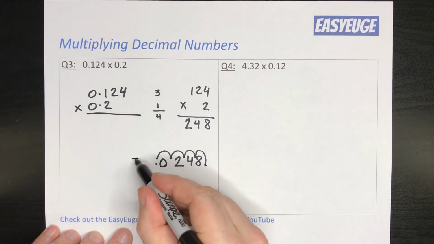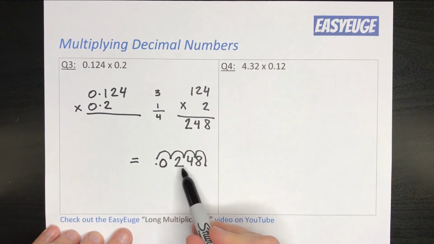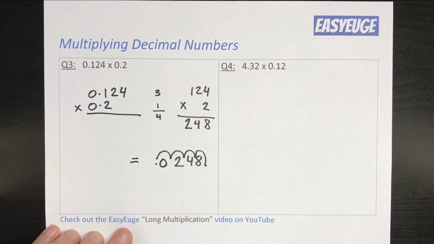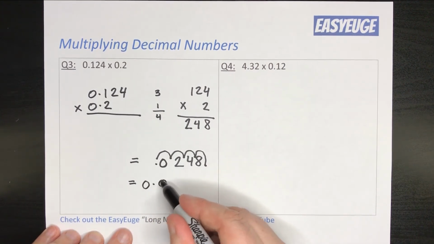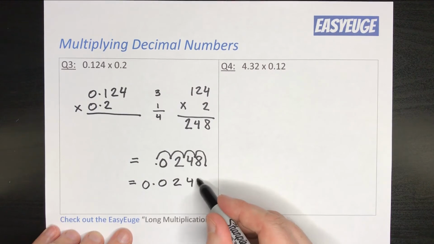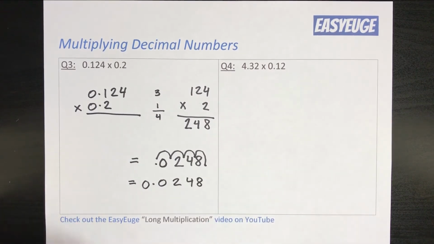So the answer now is 0.0248. Let's rewrite that to make it look a bit more neat. It's 0.0248.